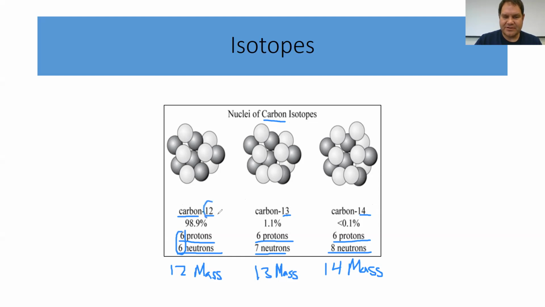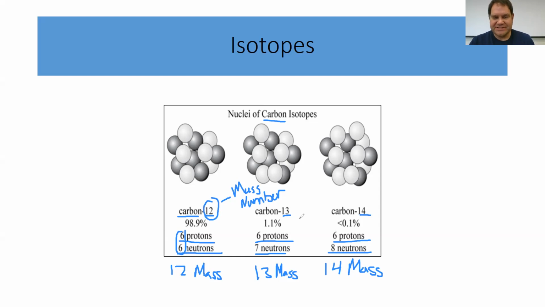This number here that's separated by the hyphen is known as the mass number. And so we can name atoms of an element by their mass number. So carbon 12, 13, and 14, okay?